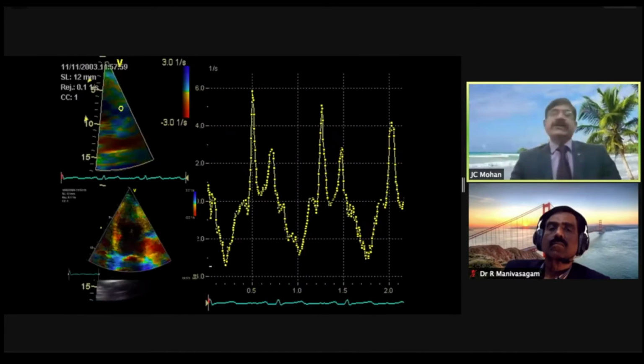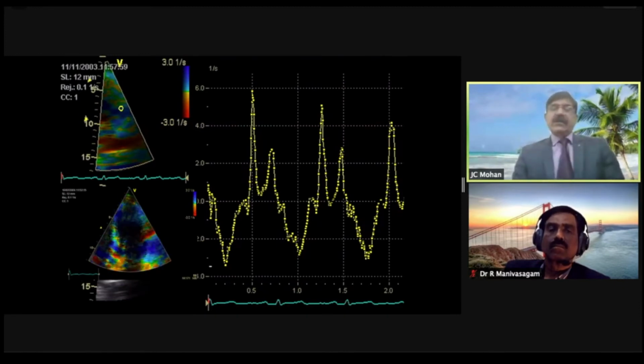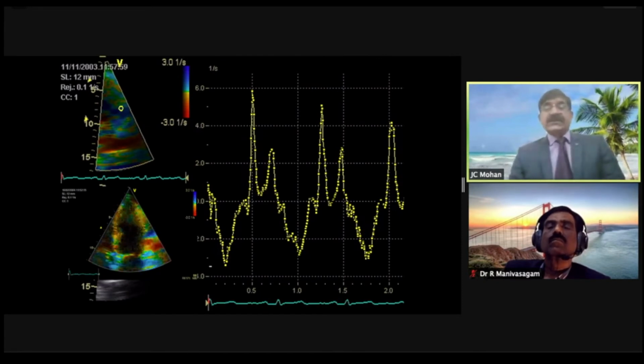these in great detail. The strain rate imaging was another thing which we used extensively in the early 2000s for stress testing, but it is now hardly ever used, and I will tell you the reasons.